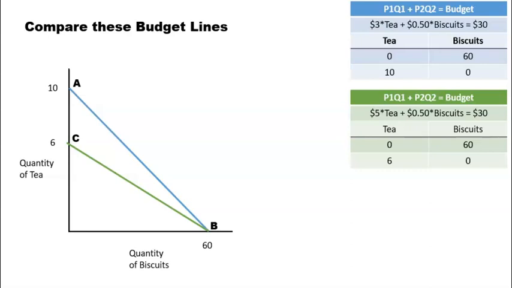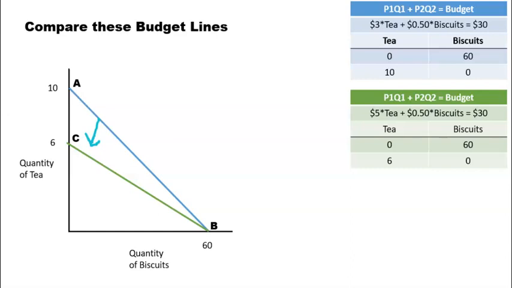So as you see, as the price of tea changed, we had a shift here in our line. Our line shifted downward in this. It shifted down because our quantity of tea decreased.